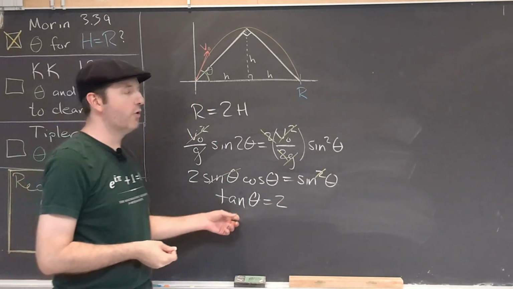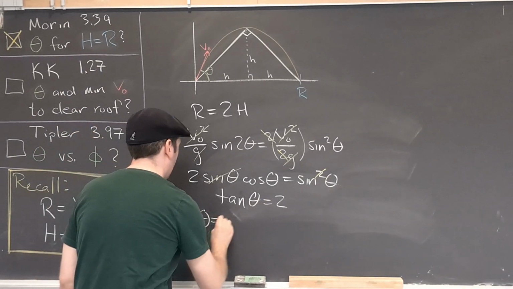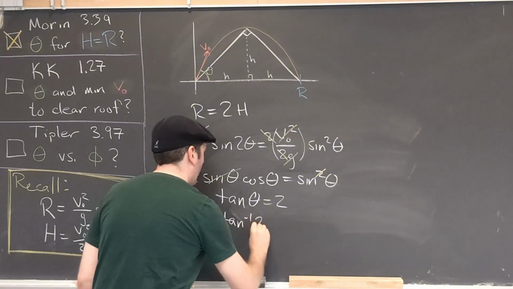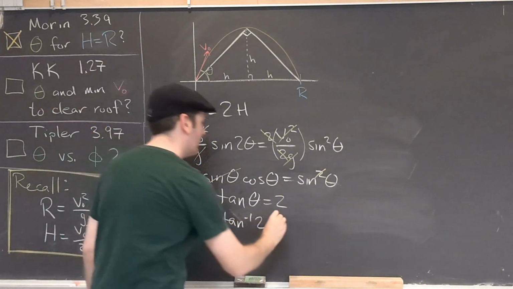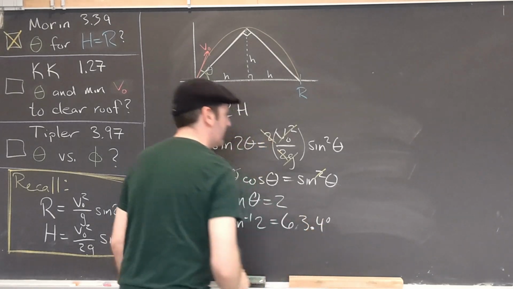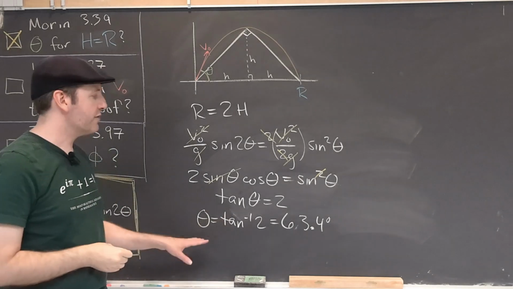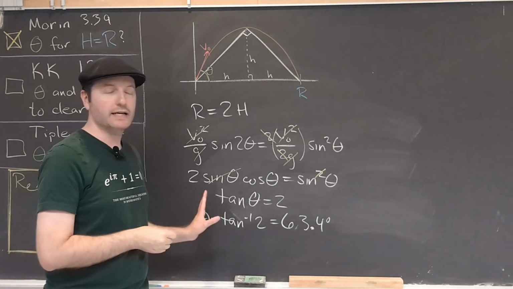If you want, we could go ahead and once again calculate what theta is. And the inverse tangent of 2 is about 63.4 degrees. But actually, if we weren't asked to find this particular theta, we don't need it.